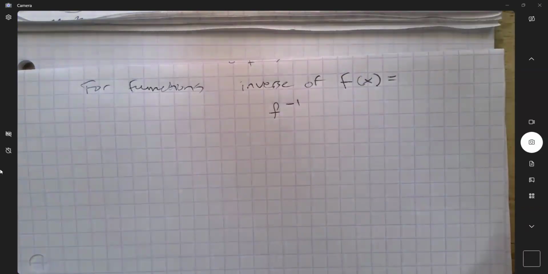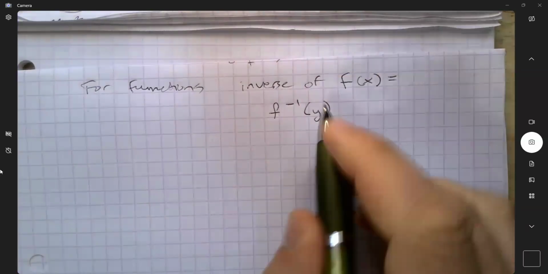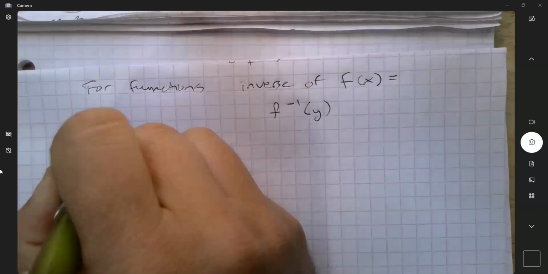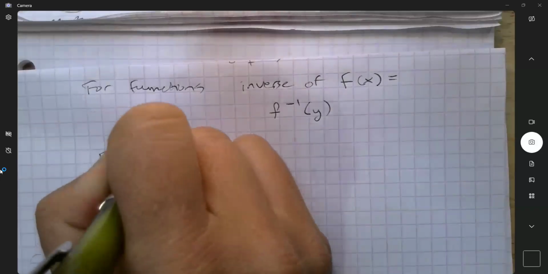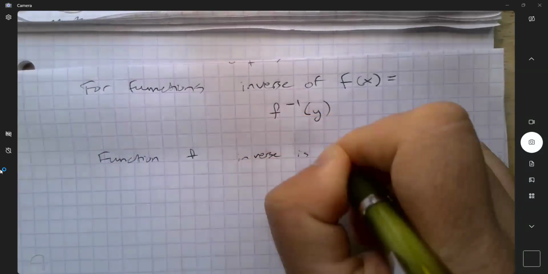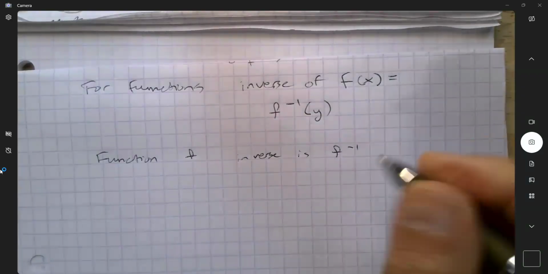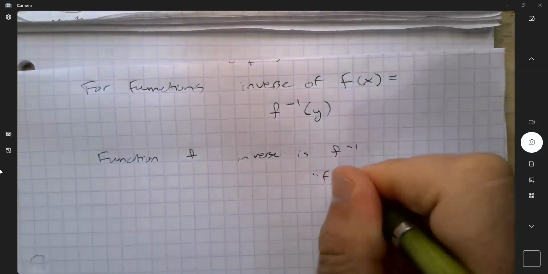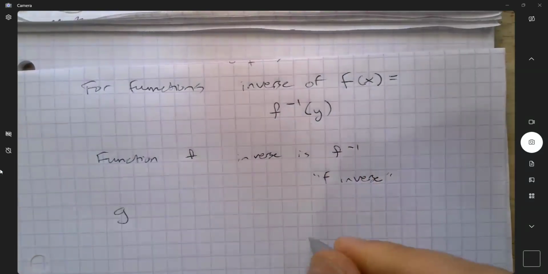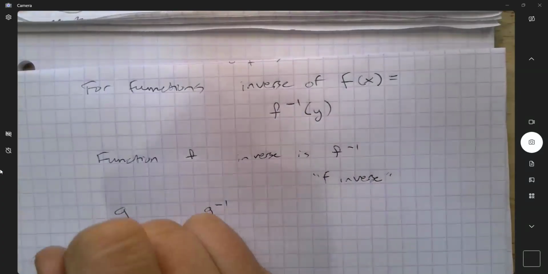Not great notation because we use that for something else. F inverse of y is x, where y was the output of f. So for a function f, the inverse is f with a little -1, and we read that f inverse. So g would be my function, and g inverse is the inverse function.